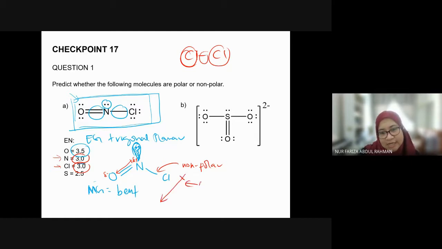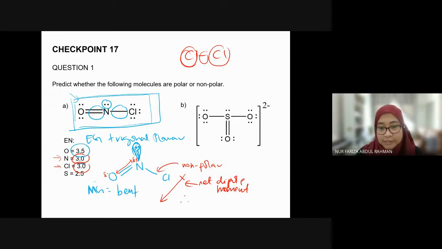Again, it depends on your drawing and your geometry. So don't worry if it's not the same as mine. What is your band shape, V facing up or V facing sideways? If it faces sideways, the direction of the dipole moment will be different from this one. So don't forget.